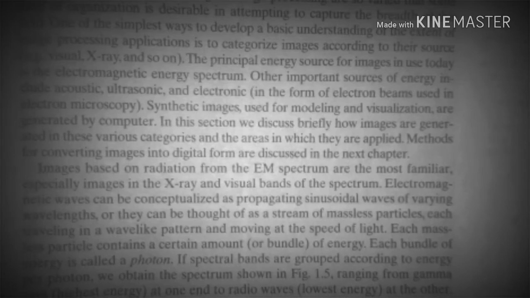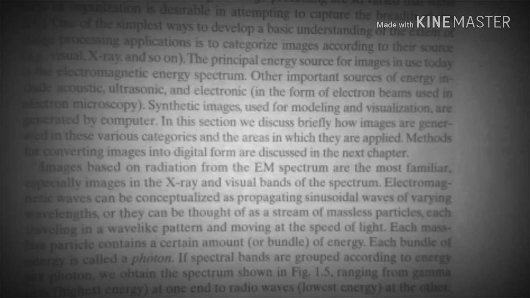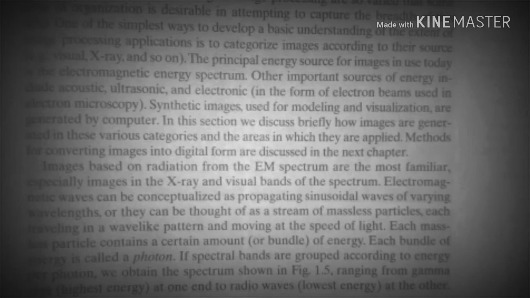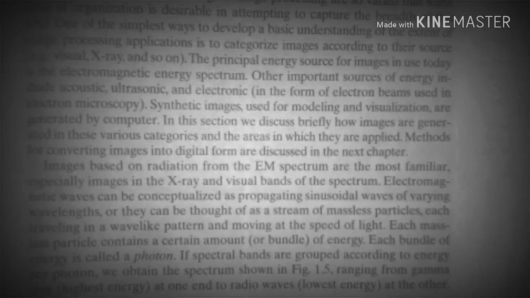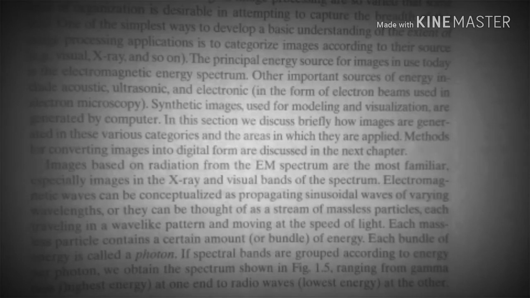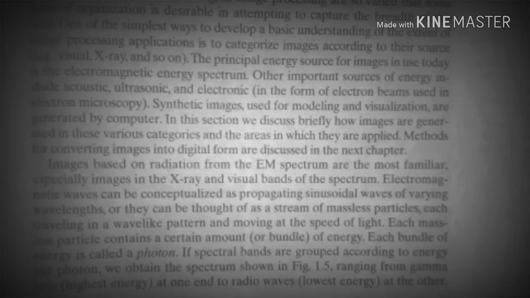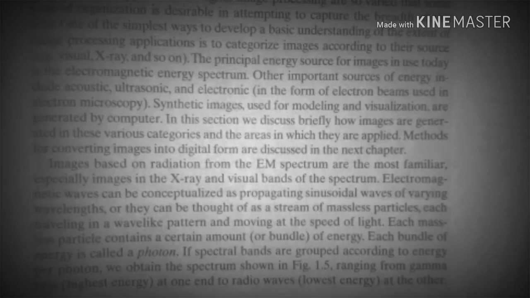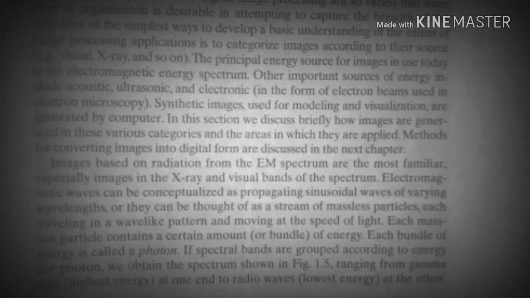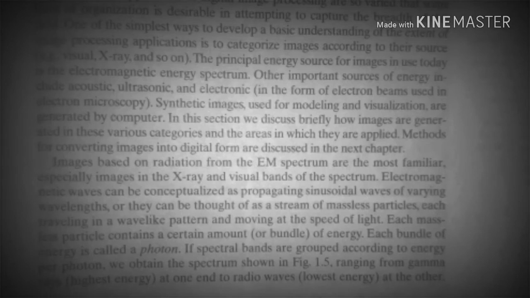Each massless particle contains a certain amount of energy. Each bundle of energy is called a photon. If spectral bands are grouped according to energy per photon, we obtain the spectrum shown, ranging from gamma rays at one end to radio waves at the other.